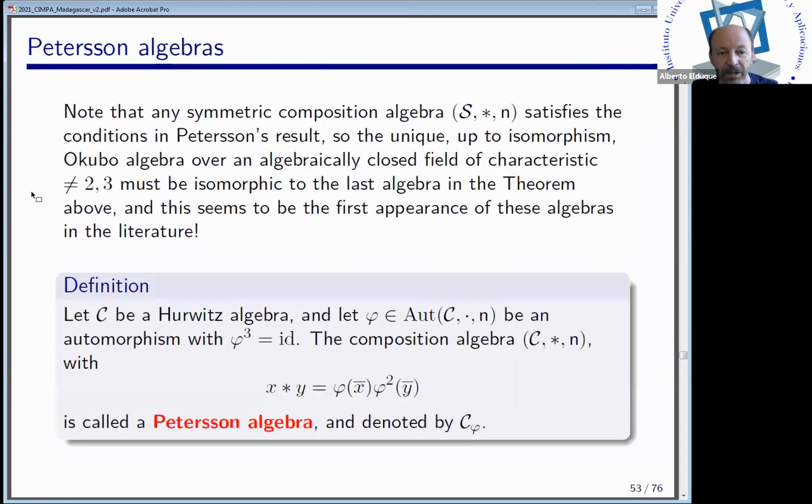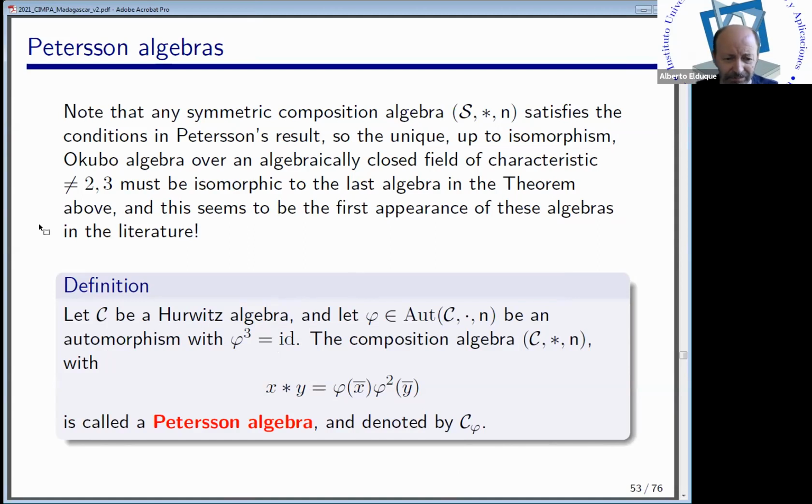Okay. So this gives an idea. A light turns on. So see, take any Hurwitz algebra. Take any automorphism of order 1 or 3, and then twist the multiplication in the Hurwitz algebra using the conjugation and this automorphism.